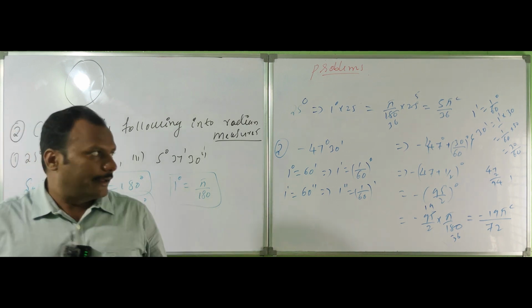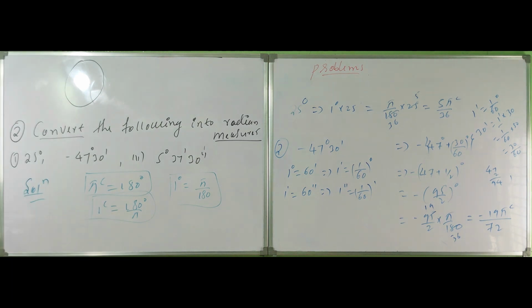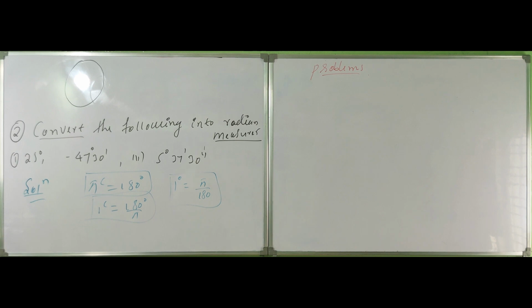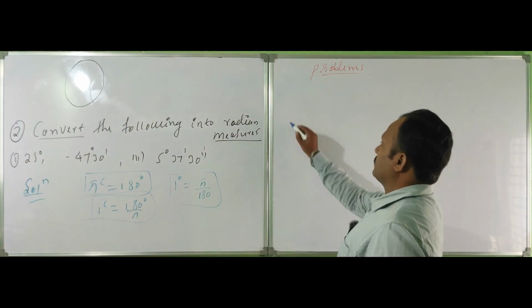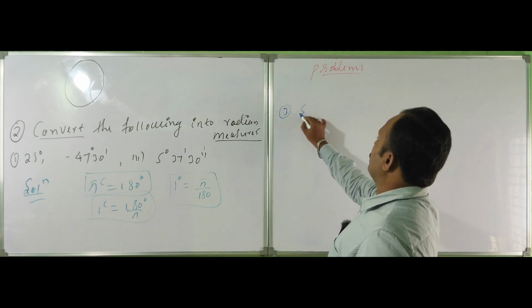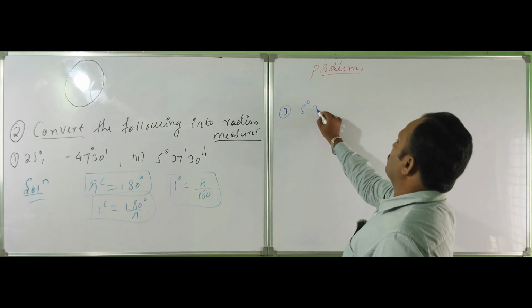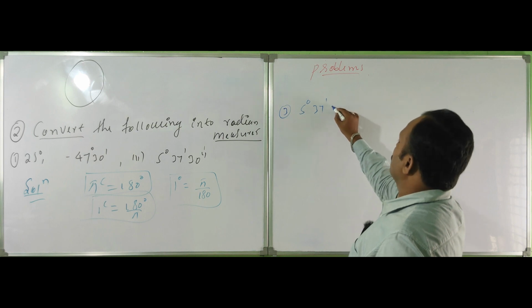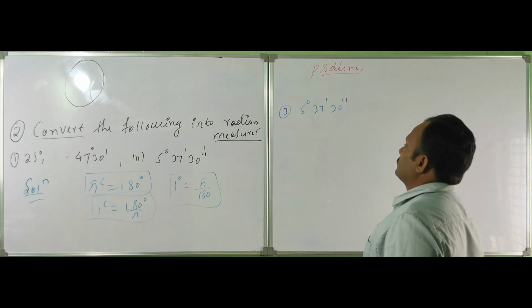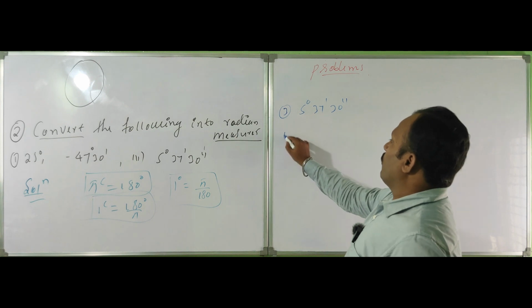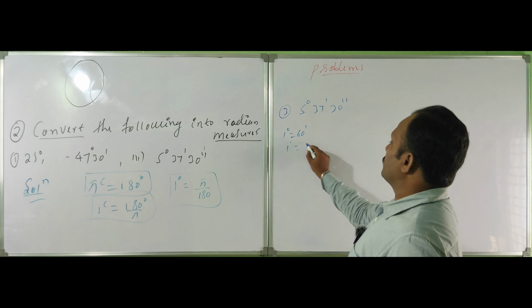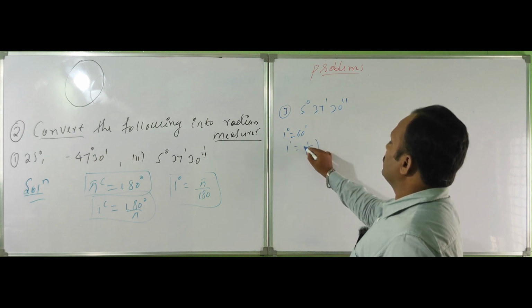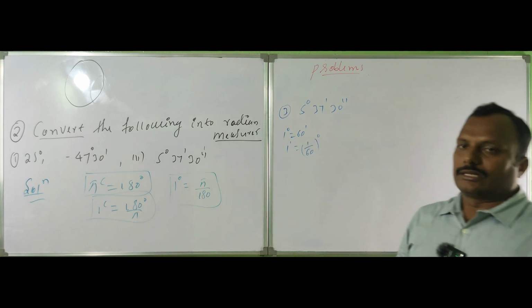Next one is 5 degree 37 minutes and 30 seconds. Before that, 1 degree is equal to 60 minutes, so 1 minute is equal to 1 by 60th of a degree.